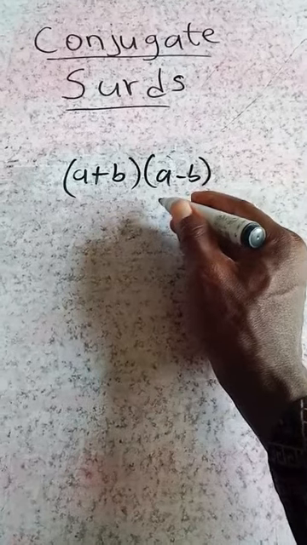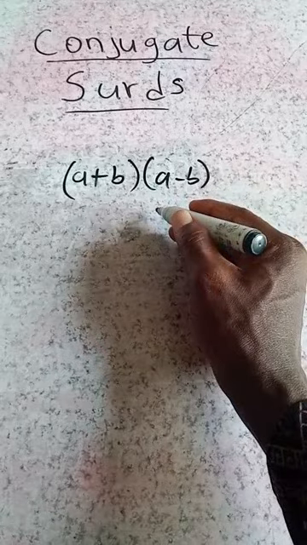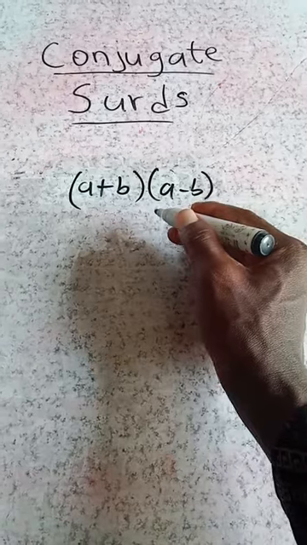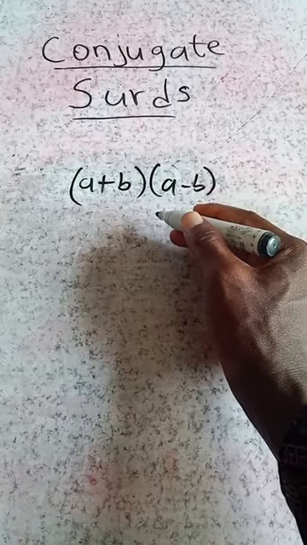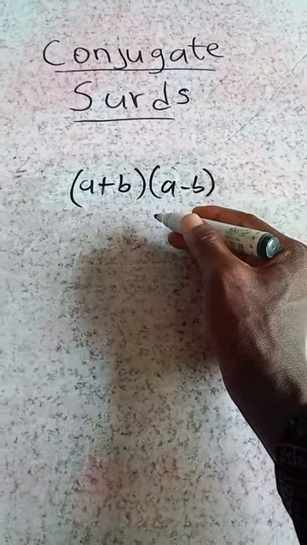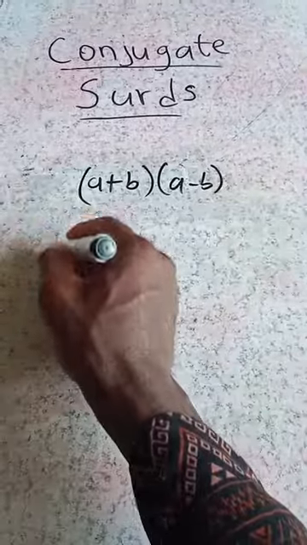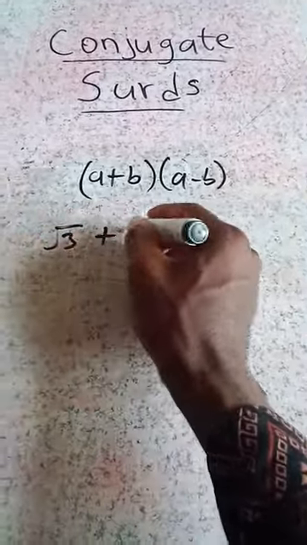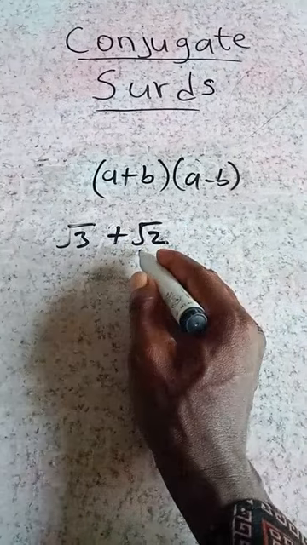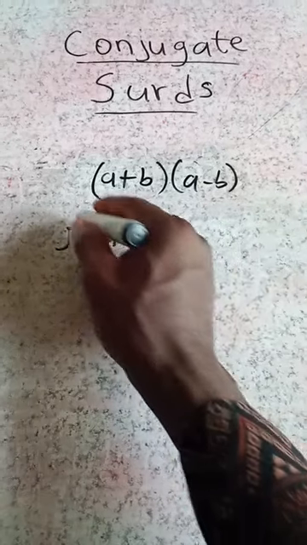So, bringing this to surds, under conjugate surds, I said conjugate is synonymous to what? Difference of two squares. So if we say root 3 plus root 2, the conjugate of this should be what?